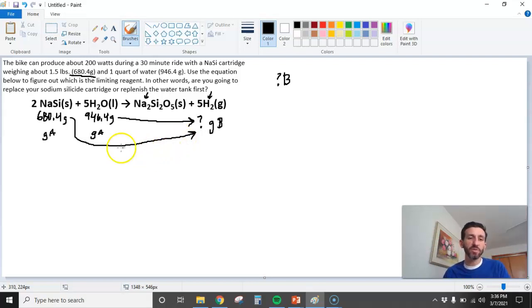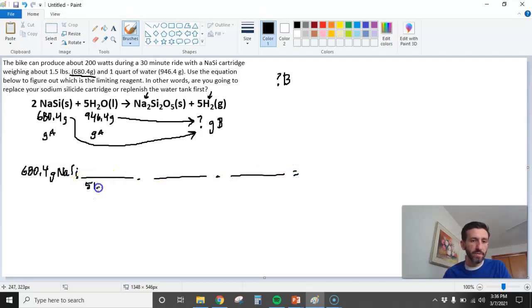Okay, so let's just work this out. I'm going to set up my mole train for sodium silicide right here. I have 680.4 grams of sodium silicide, and I'm going to do 3 steps to get to grams. I have 51.08 grams of sodium silicide to 1 mole of sodium silicide, and then 2 moles, and then 5 moles.